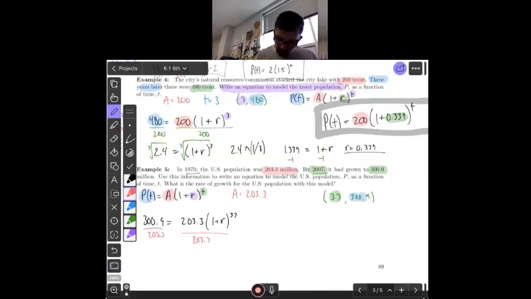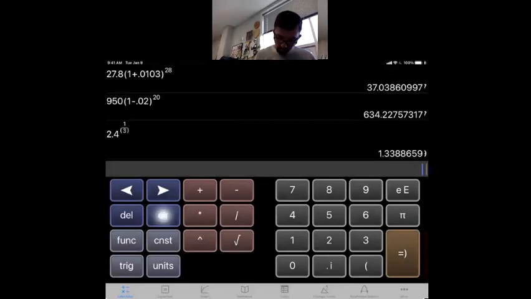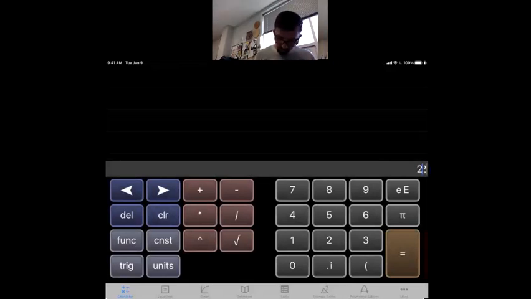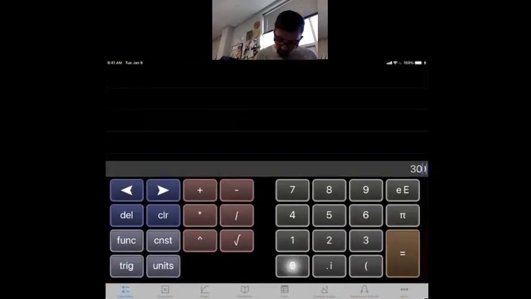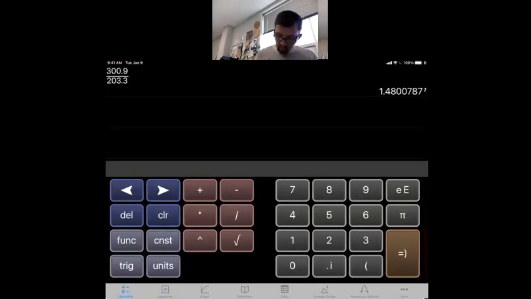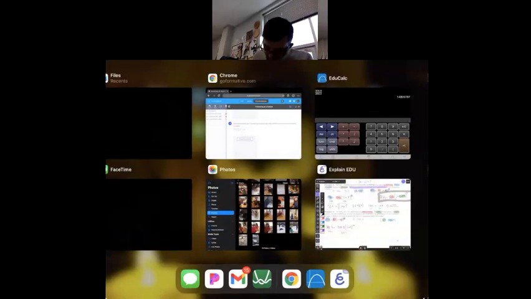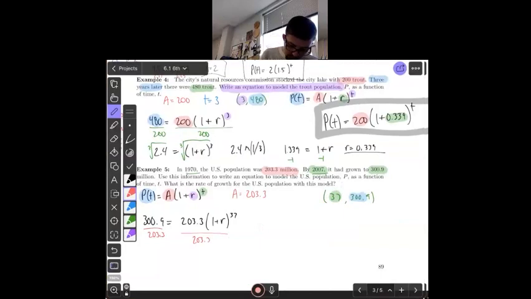So let's see what that is. 300.9 divided by 203.3. I really don't have a good idea of what rounding to do here. Let's go to the nearest hundredths there, since the next one's way down there. So it's 1.48.